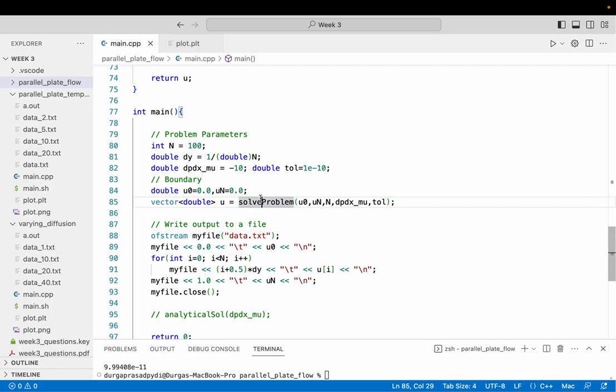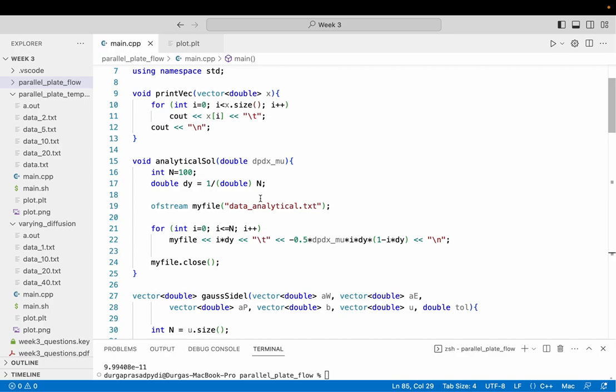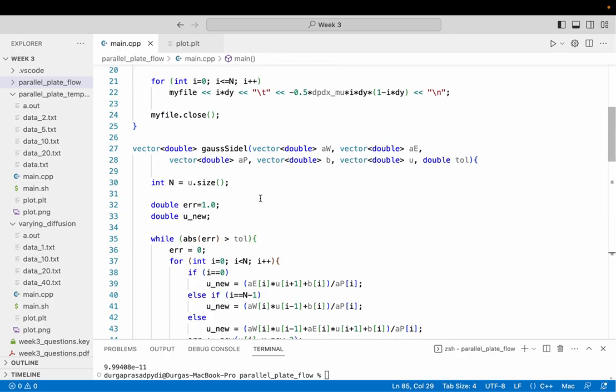Okay, this is just a hypothesis. If you are using the Gauss-Seidel method, you need to specify your tolerance. But as I told before, if you are using any direct method, say if you just take x equal to A inverse into B, it will just solve the equation to machine precision.